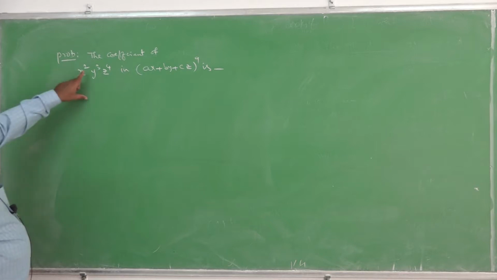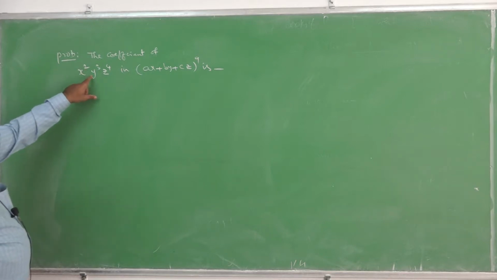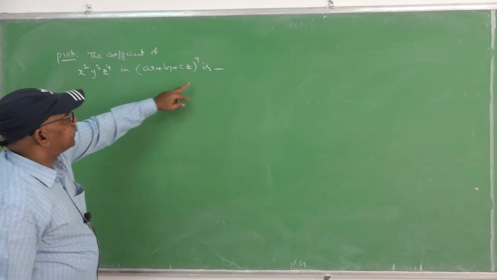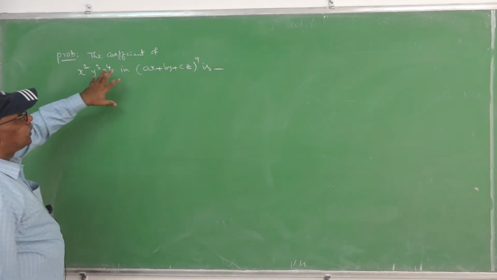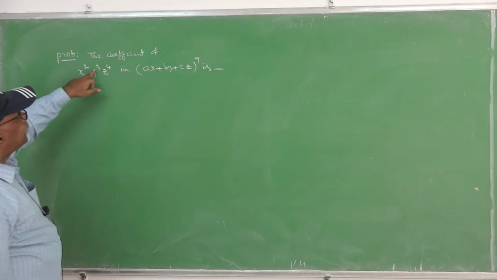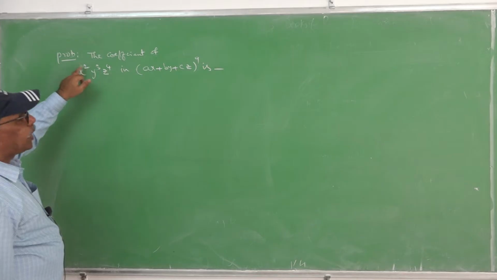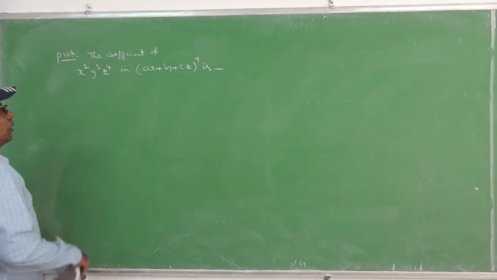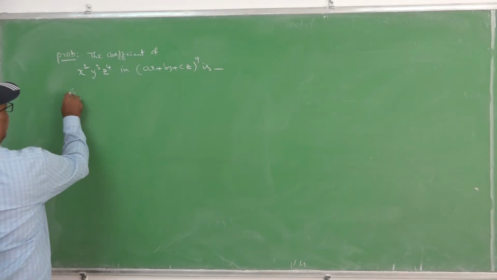In such cases, observe the powers of these independent variables. Here there are 3 independent variables, so it comes under trinomial expansion. The index is 9. Here the sum of the powers of the variables is also 9, because 4 plus 3 is 7, 7 plus 2 is 9.